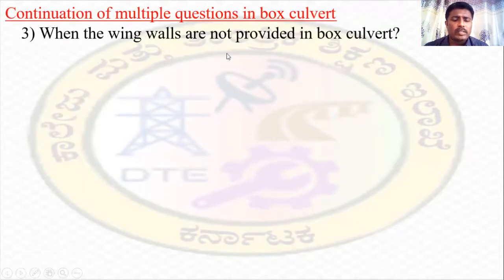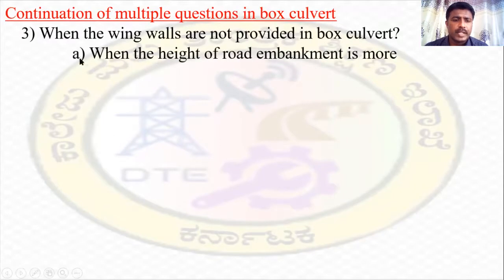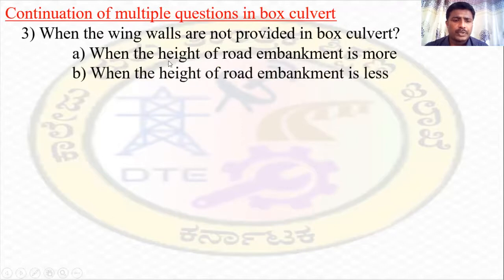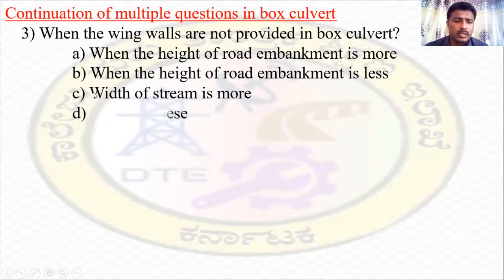Next question. When the wing walls are not provided in a box culvert. Option A, when the height of road embankment is more. Option B, when the height of road embankment is less. Option C, width of stream is more. Option D, none of these.